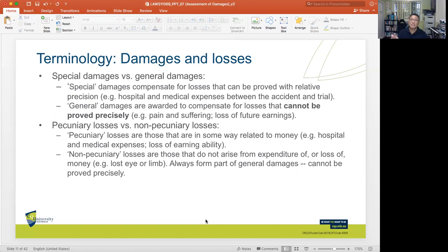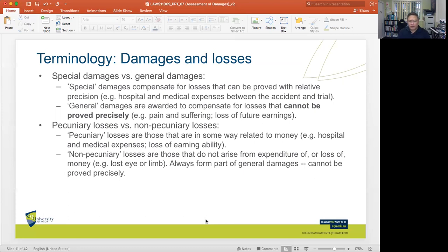These are losses that cannot be proved precisely, and they are what are known in tort law as general damages, awarded to compensate for losses that cannot be proved precisely. Even questions about pain and suffering or loss of amenities, you can't really put a particular number to these kinds of losses or damages. So these are considered general damages.